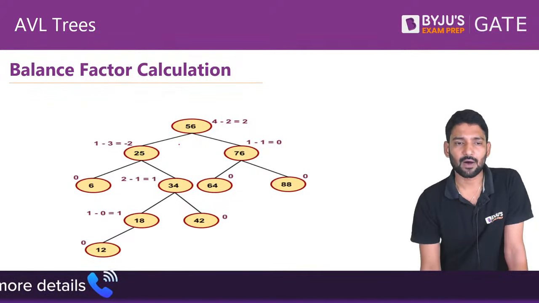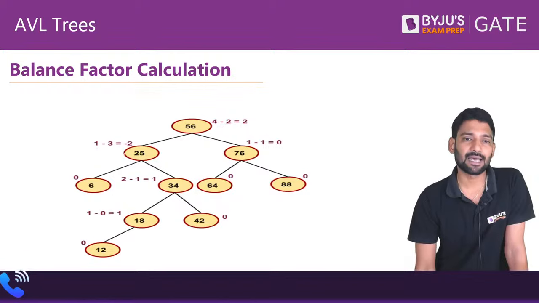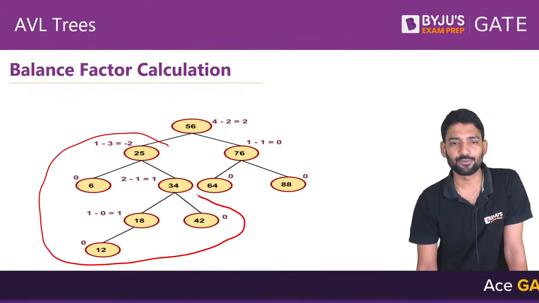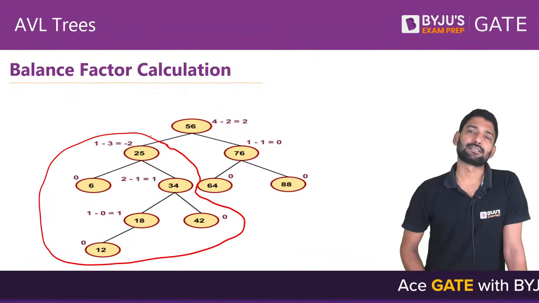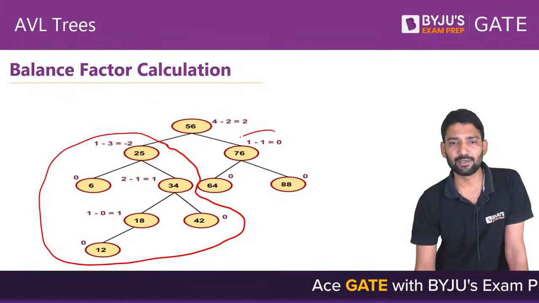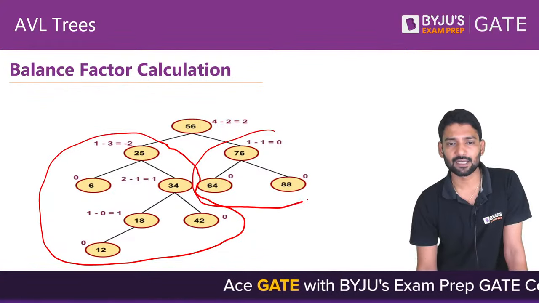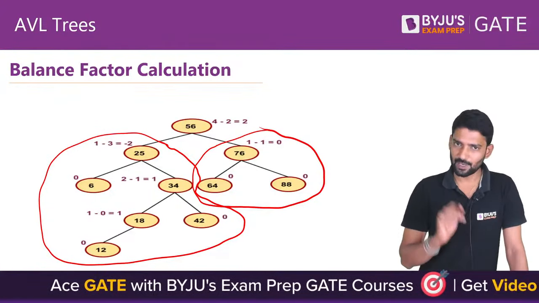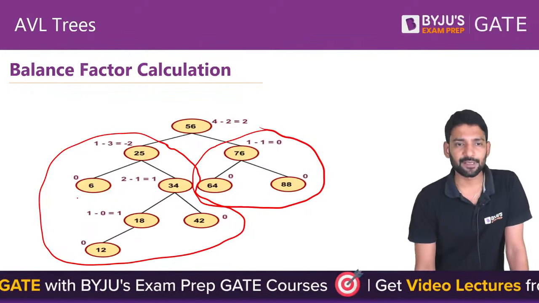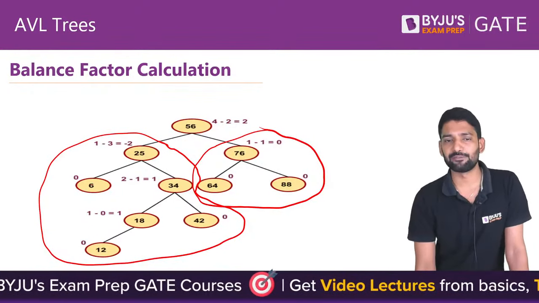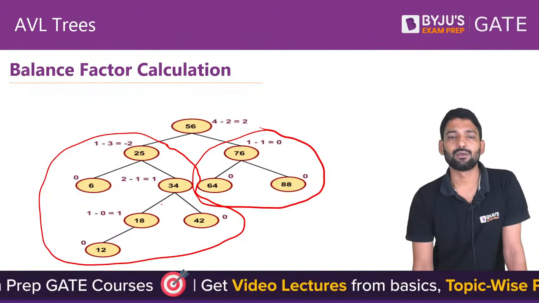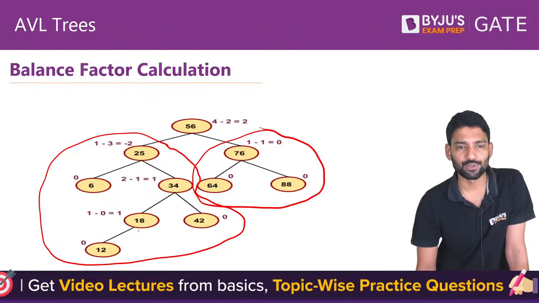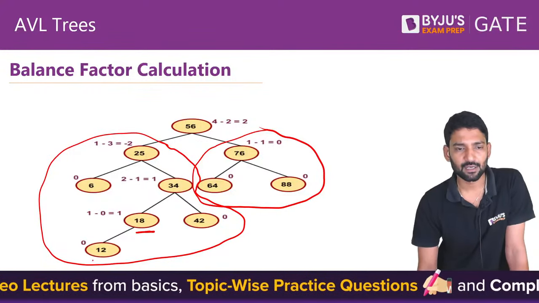All the elements left of 56 are less than 56, and all the elements right of 56 are greater than 56. And 25's left one is smaller than 25. On 25's right, do we have a smaller element? No. You check, 18 is there, 12 is there.